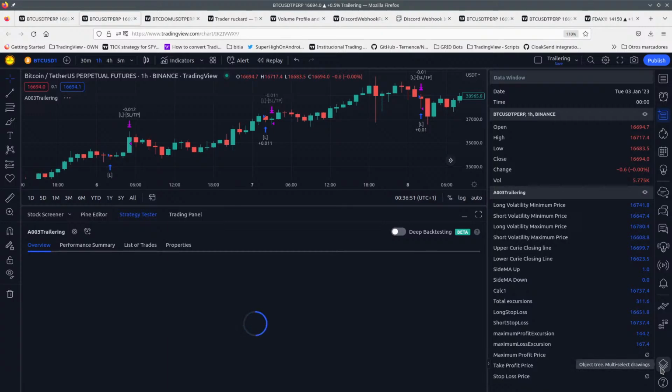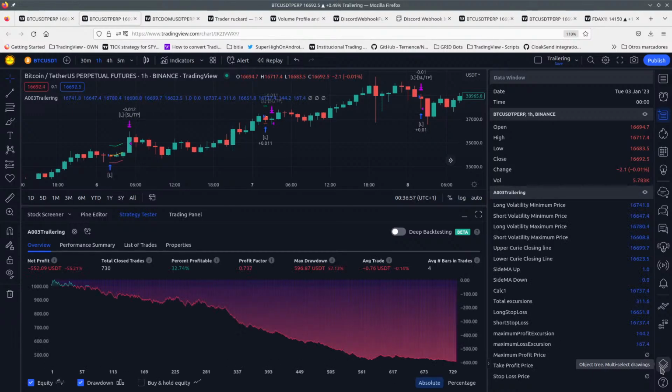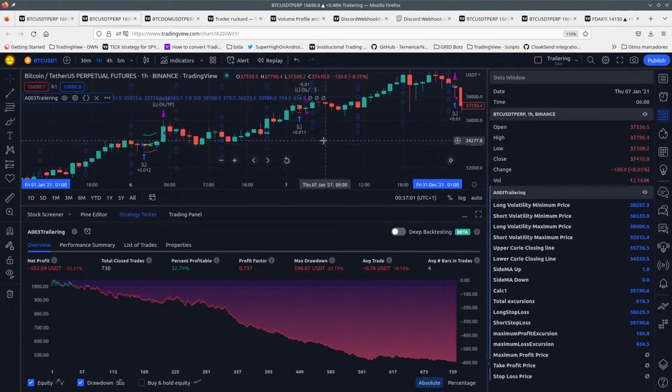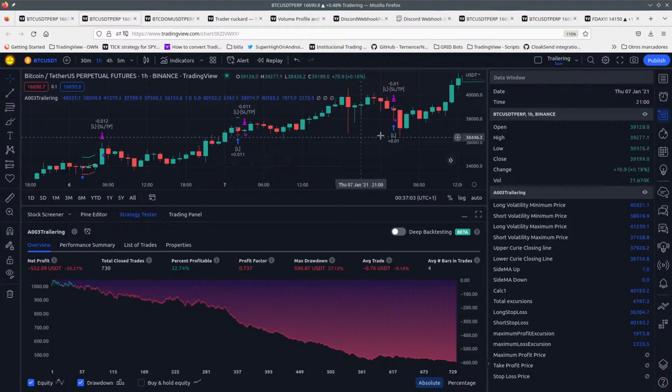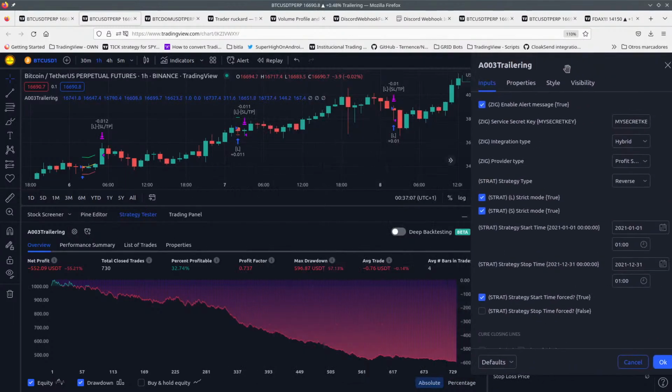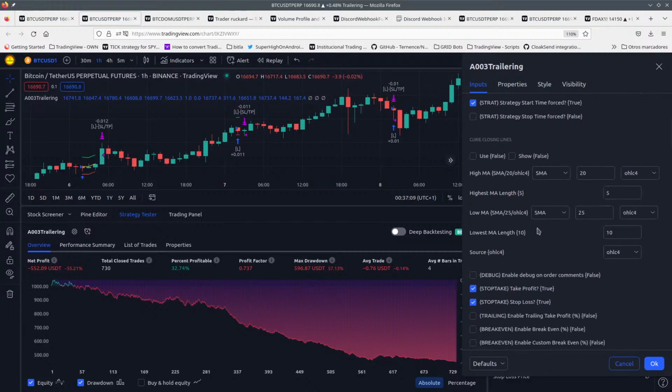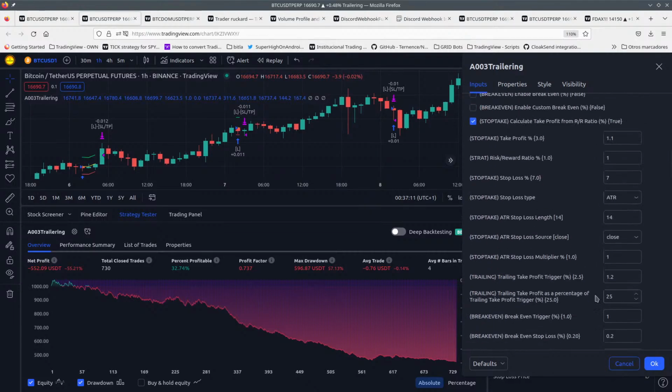So right now you're going to see how stop loss is being used here. Okay, look at that. We have this stop loss and so on, and the tests that we have done so far use a 2.5 stop loss multiplier.